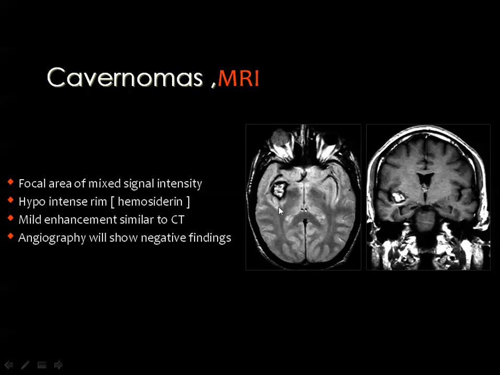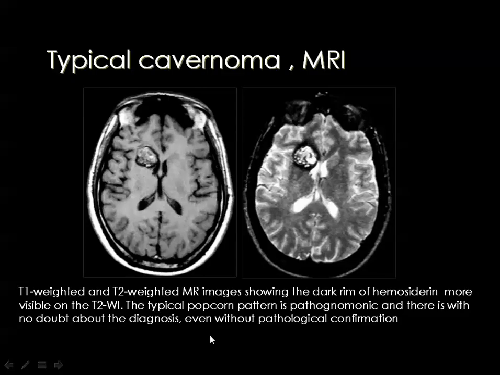And a very characteristic hypointense rim of hemosiderin usually surrounds this lesion. And like the CT, mild enhancement occurs after contrast injection. And very importantly, if you do an angiogram, you will not show the lesion because there is no actual flow inside this lesion.